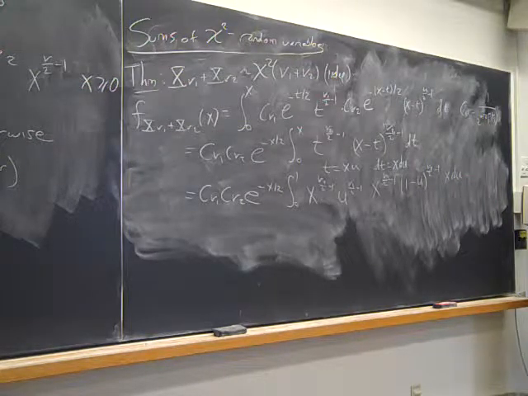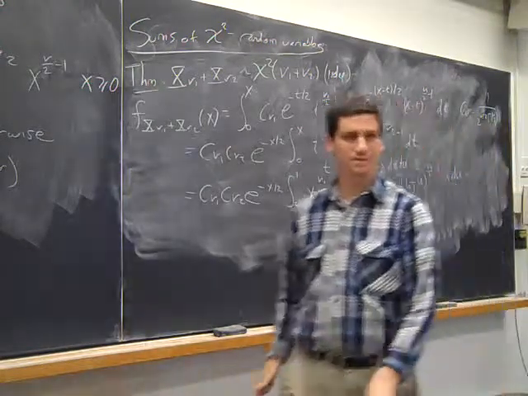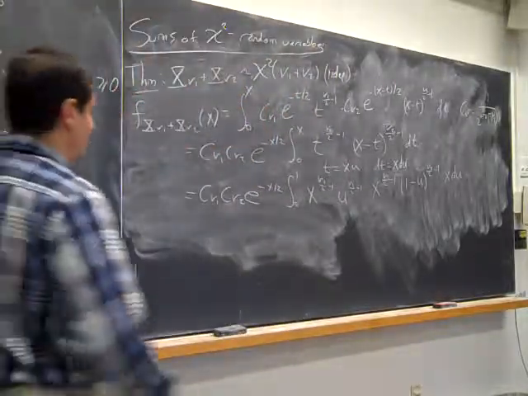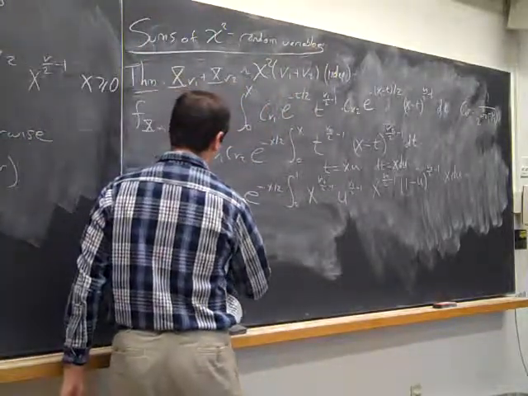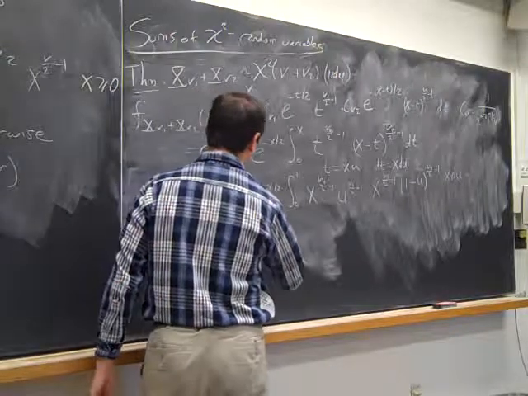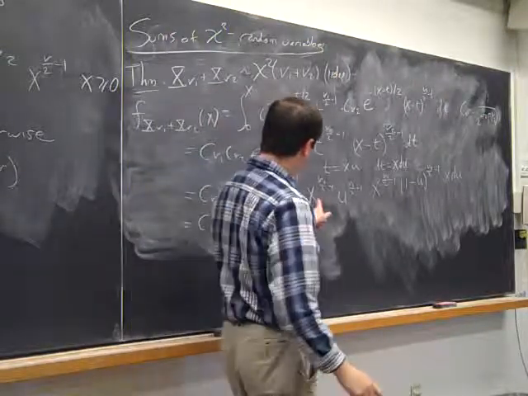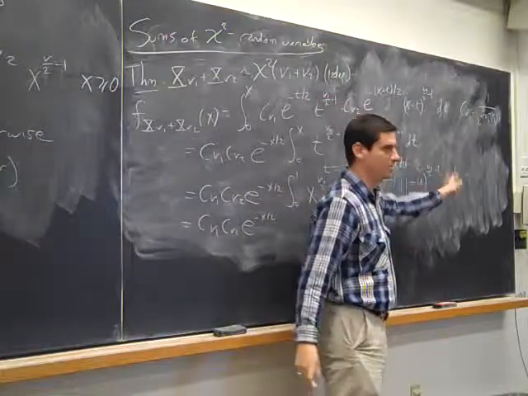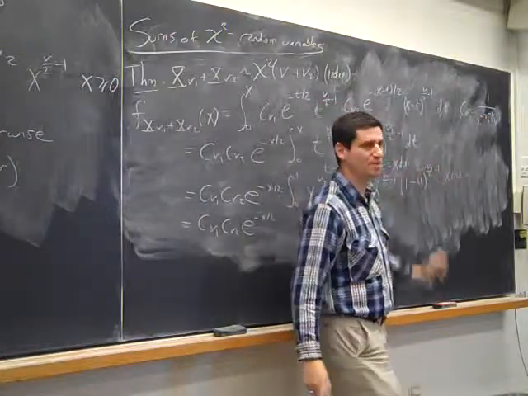Okay? Everybody comfortable on this step? We're going to have just enough time for the miracle to happen. What do we get? C nu 1, C nu 2, e to the negative x halves, x to the nu 1 over 2 minus 1, x to the nu 2 over 2 minus 1, and then an x. Negative 1 plus 1 is minus 1.